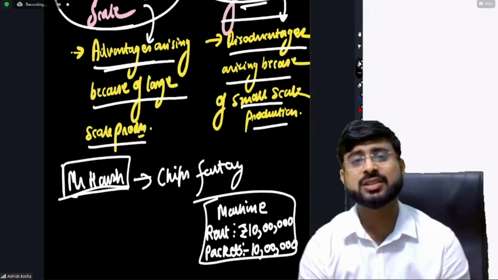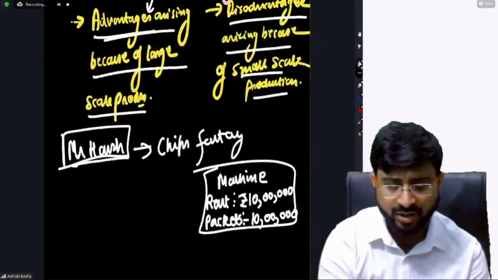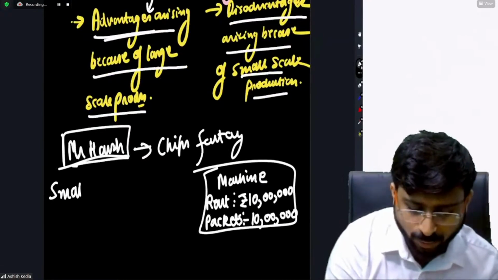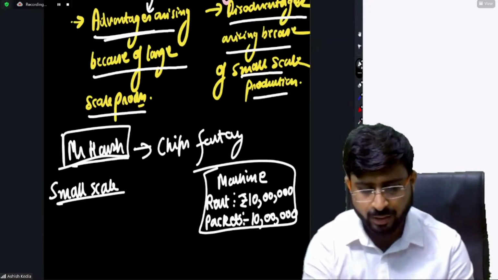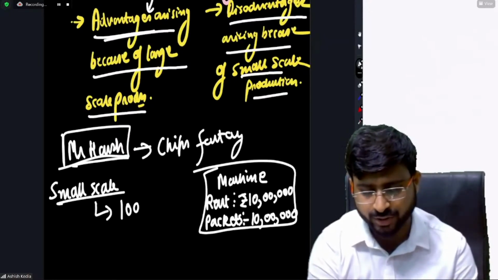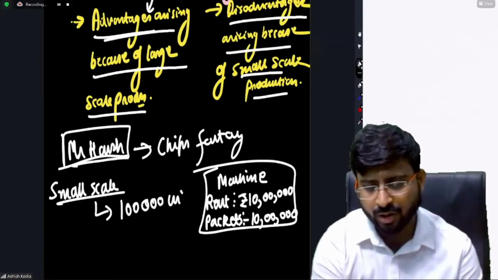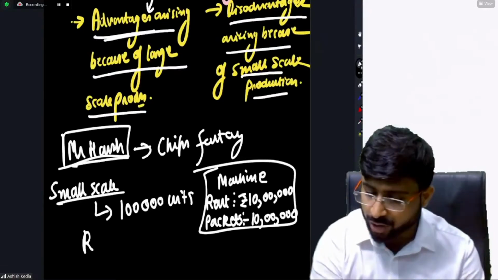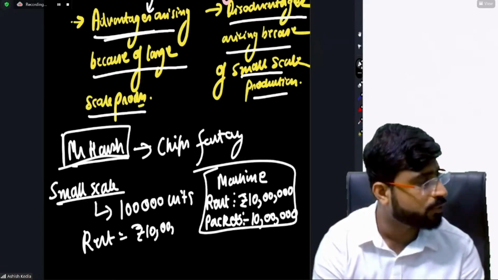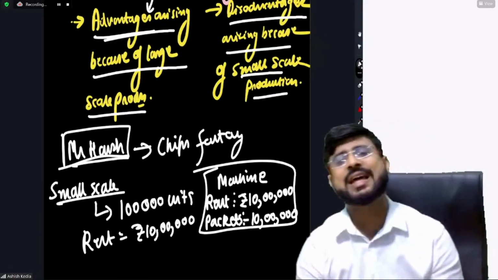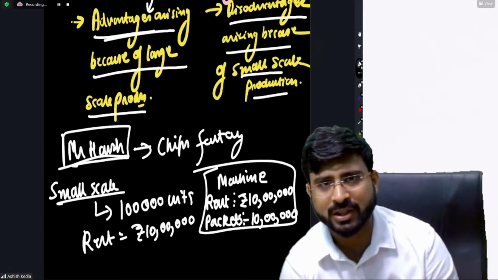Now, Mr. Harsh has just started business, so he decides to manufacture on a small scale. So let's say he manufactures only 1 lakh units of chips. How many units? 1 lakh units. And what rent did he pay for the machine? Sir, rupees 10 lakh he had to pay for the machine.